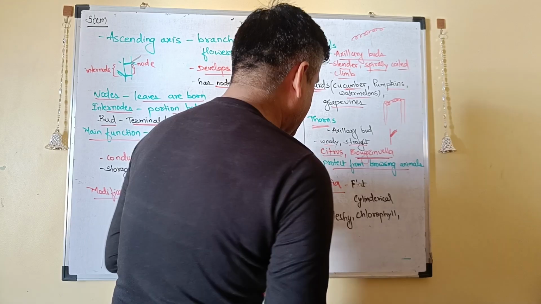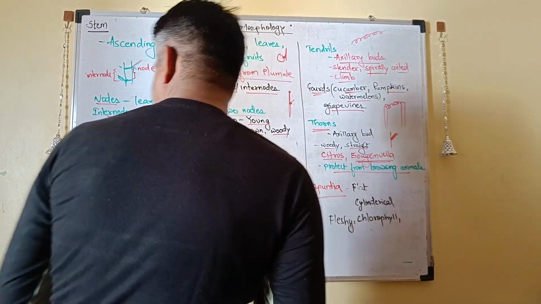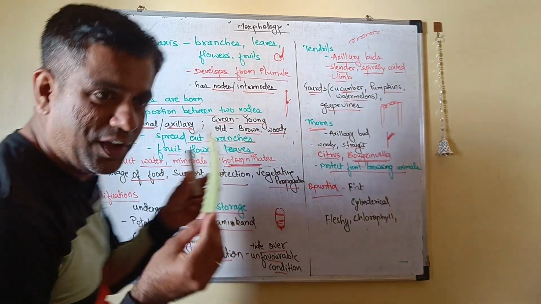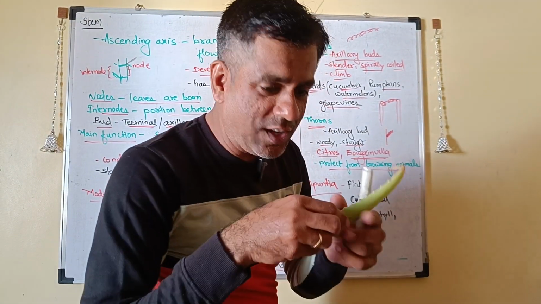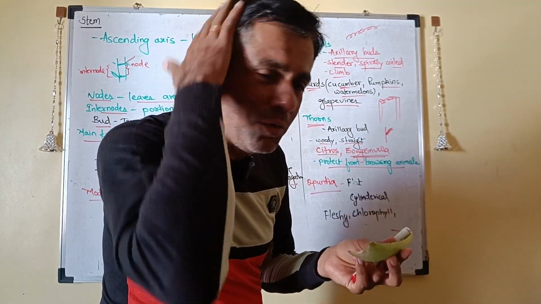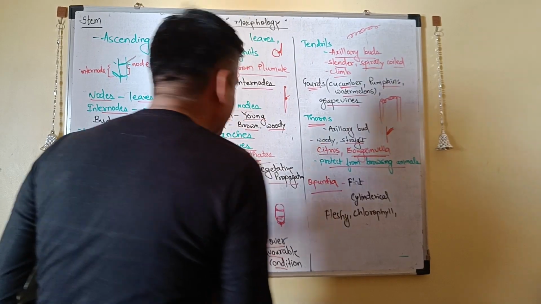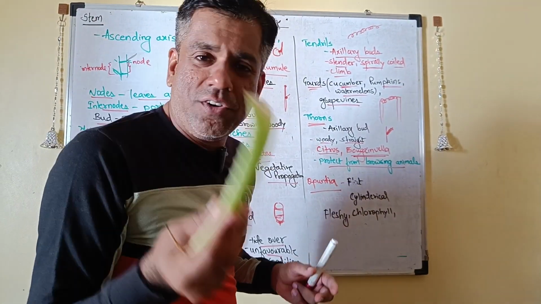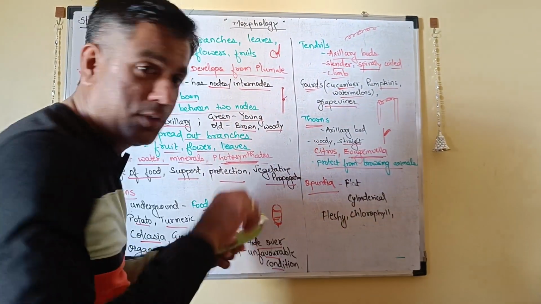You have opuntia, where the stem is flat. I didn't get opuntia, I got aloe vera. I can use it for my skin, for my hair, and my wife will use it too. It is good for your health, and people also eat it.